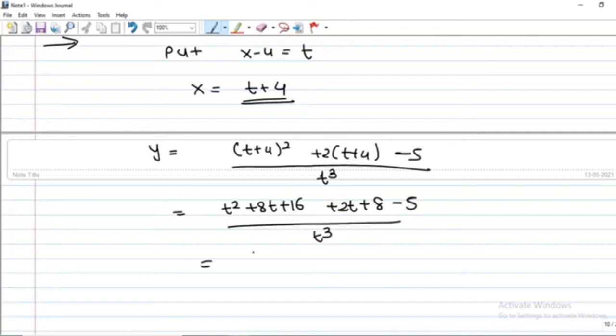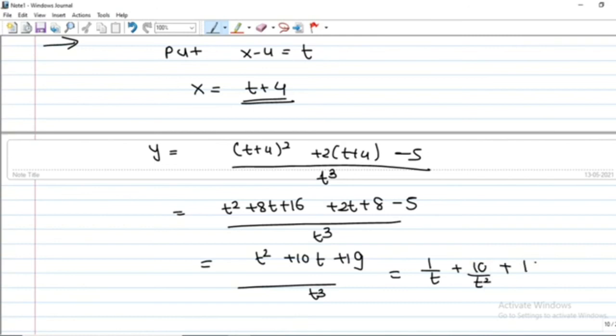If you see, t^2 will be as it is, this will become 10t, and this will be plus 3 plus 16, which ends up giving me 19. So 19 upon t^3. If we simplify this, we are left with 1/t, 10/t^2 and 19/t^3.